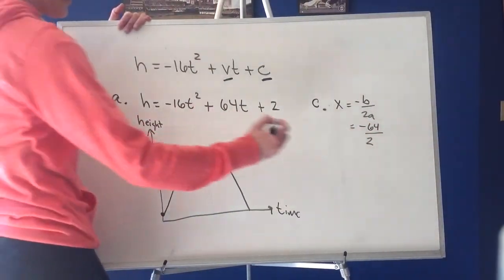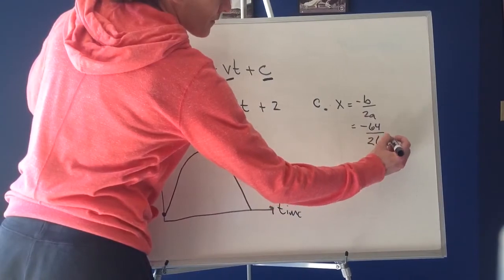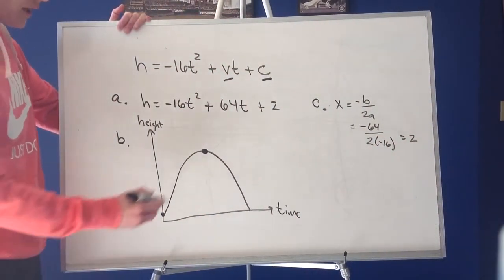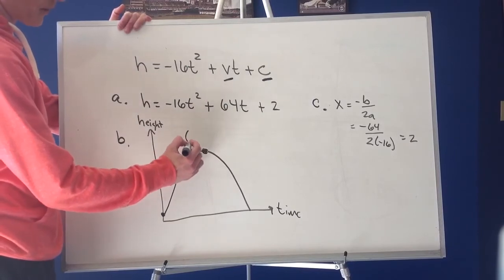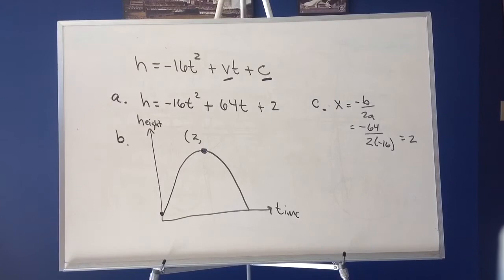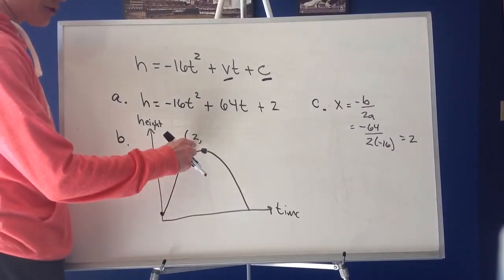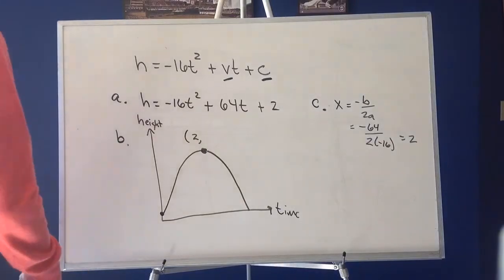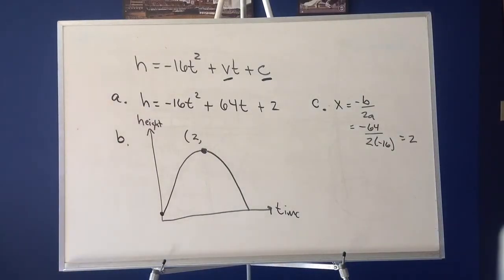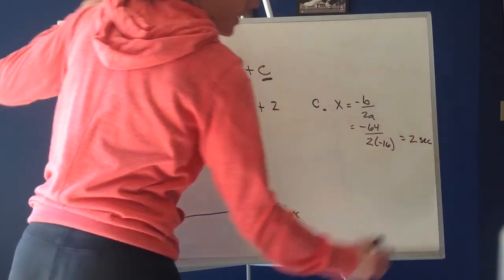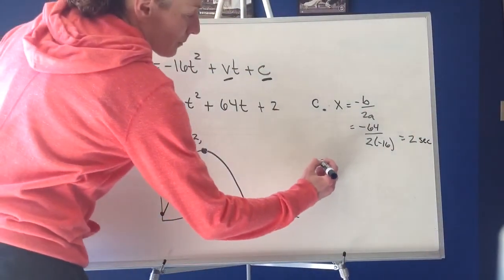Our a is negative 16. Simplify that and you will get 2. That means the first part of our vertex is 2. That would be the time part of it. So basically it's saying it takes 2 seconds to get to its highest point, which is exactly what part C asks. So how long does it take? It takes 2 seconds.